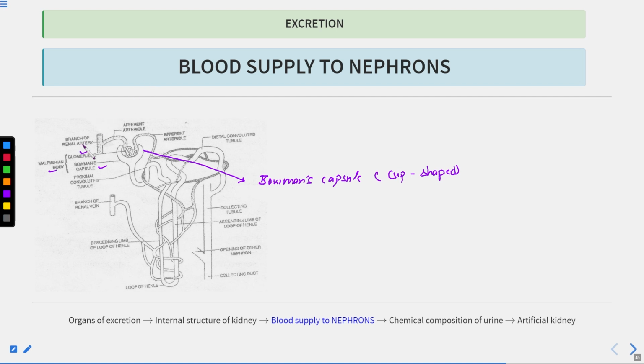Now, here you can see this is the branch of the renal artery. We have discussed that the renal artery divides into renal arterioles. So first we had the renal artery, and this renal artery forms the renal arteriole first.